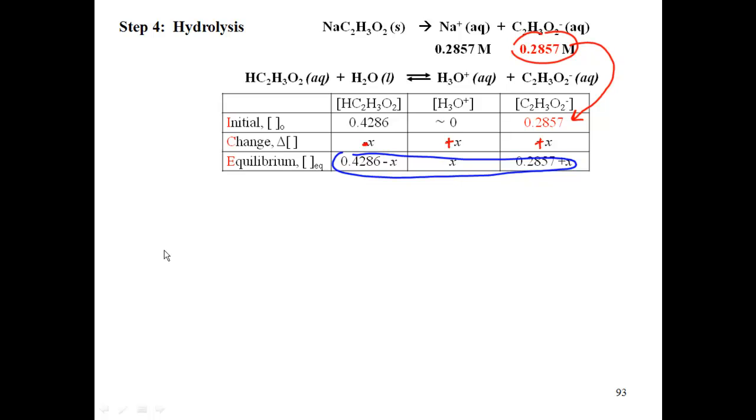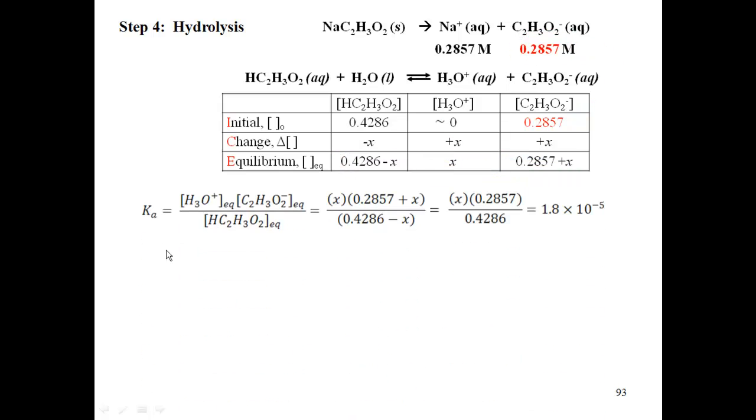Then we ask ourselves an important question. How are these related? And the way that we wrote this problem, it's related through Ka. So I'll write my Ka expression. Ka is your hydronium ion concentration times your acetate concentration divided by your acetic acid, which is X for hydronium, 0.2857 plus X for your acetate, and 0.4286 minus X for your acetic acid. I want to get rid of the X's.